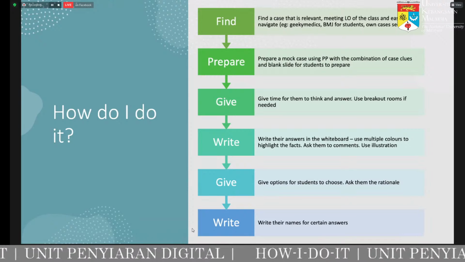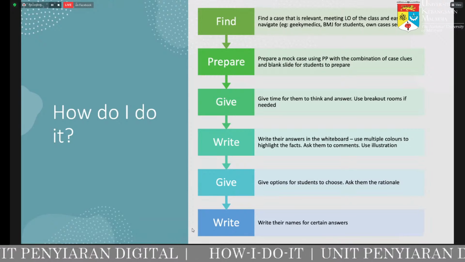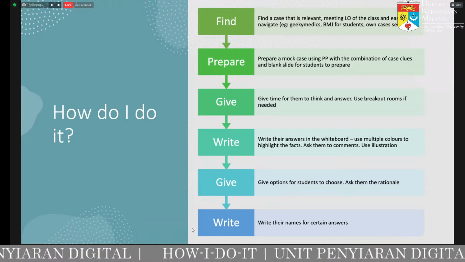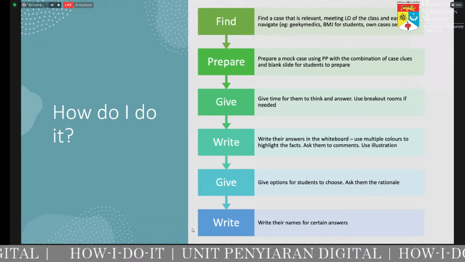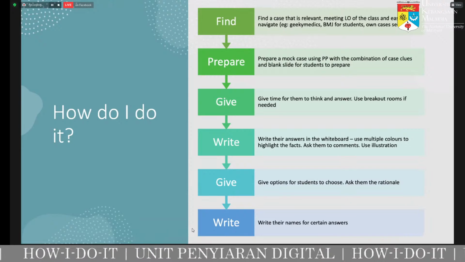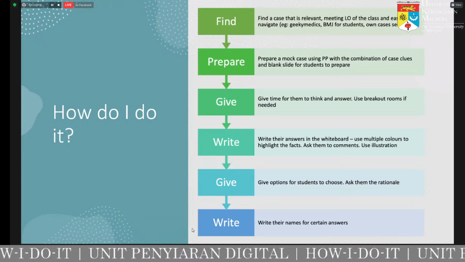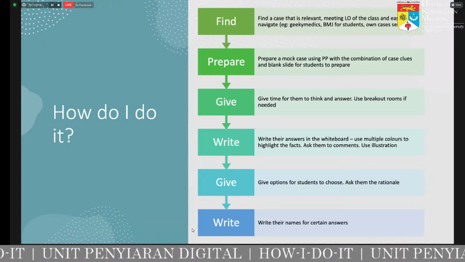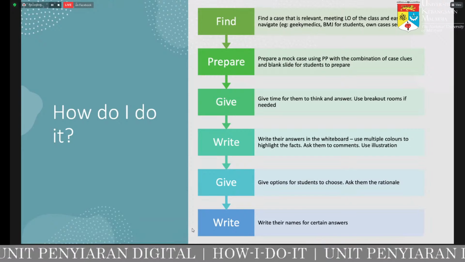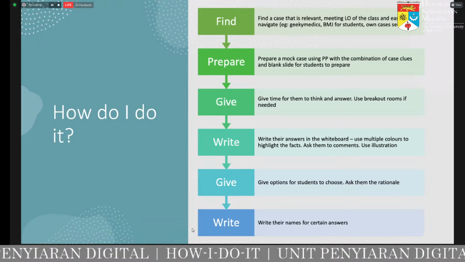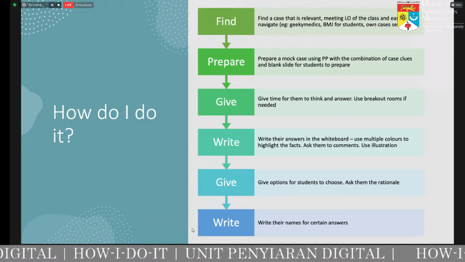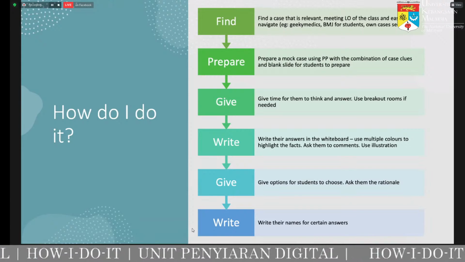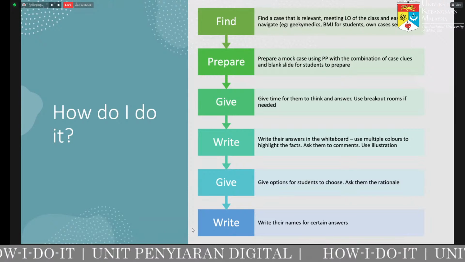Throughout the six or eight months of doing this, I have evolved towards giving options for them to work on, because if I put everything in a subjective manner, I could not finish the clinical teaching on time, as it would go everywhere under the sun, and some students might get lost halfway through.